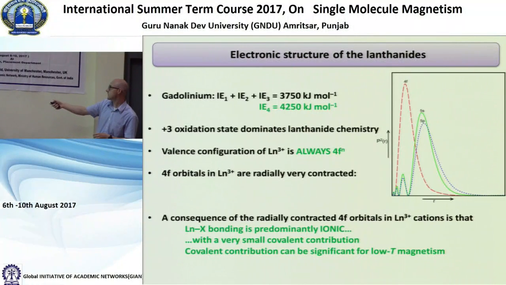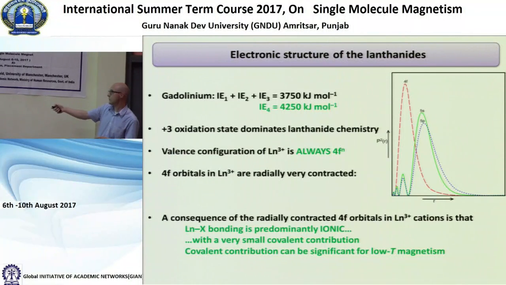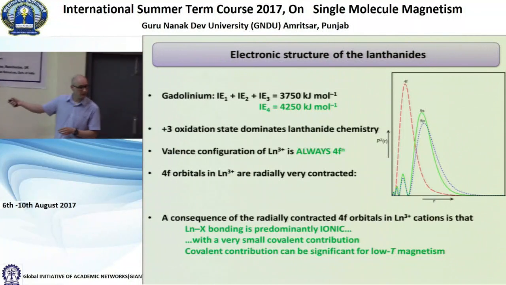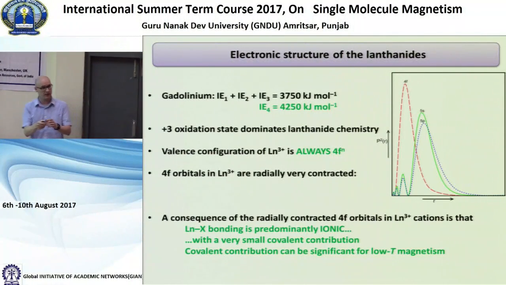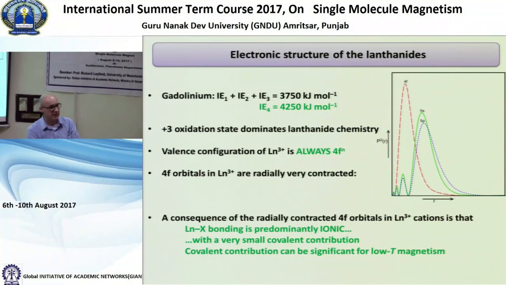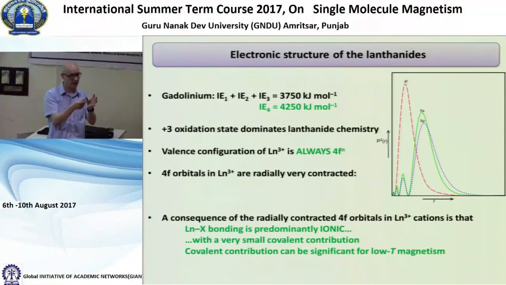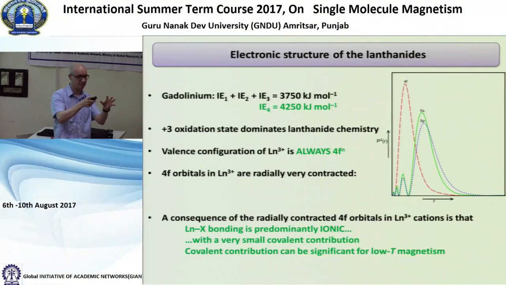They're in fact inside the 5s and the 5p orbitals, which are full. The 5s and the 5p series in the periodic table come before the lanthanides. That is a closed shell species. So your 4f orbitals are inside the closed shell. What does that mean? It means that they see very little of the environment around them. They are deeply embedded within the cation.